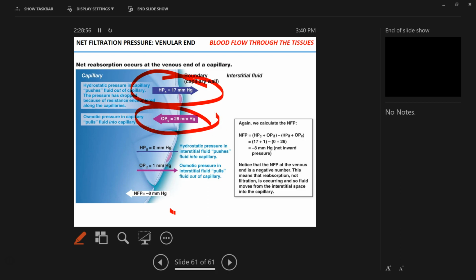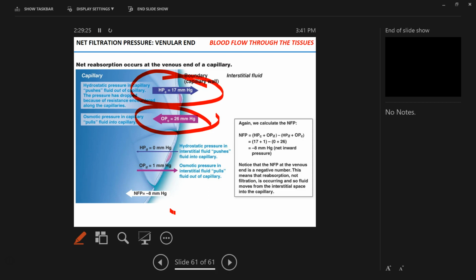It's the same blood. So what's the resulting difference? 26 minus 17. 9. These 9, where are they directed?